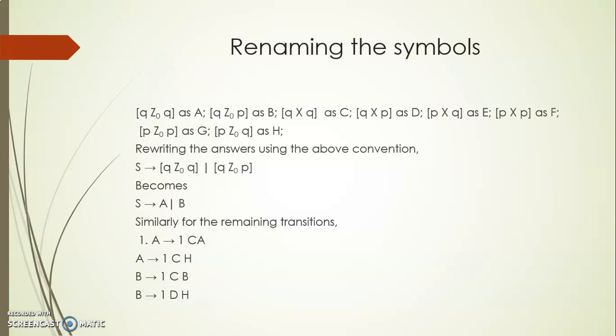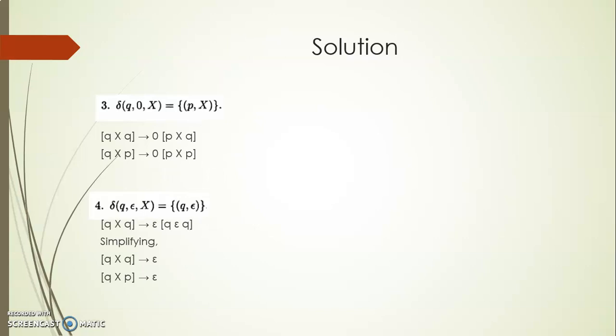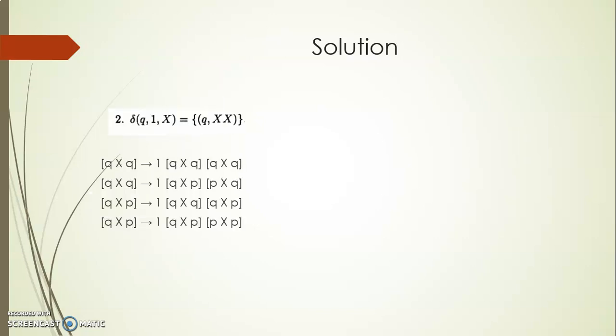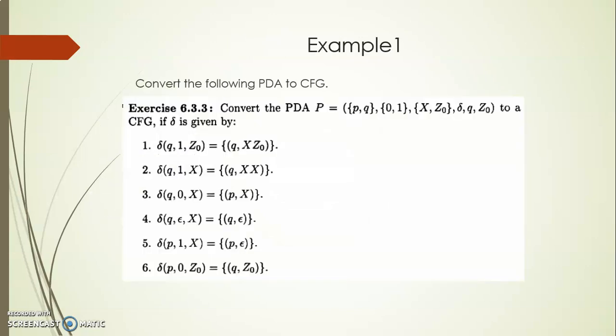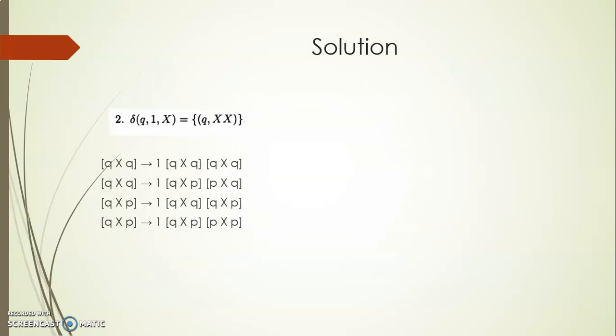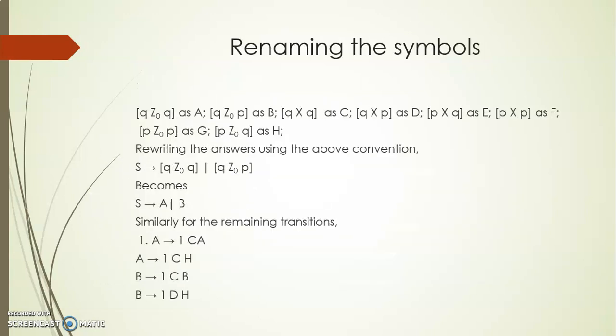So that's it. We have written production rules for every transition function present in the given PDA. If you want, renaming of the symbols can be done. Instead of writing it like this, you can assign some short symbols and rewrite the productions.